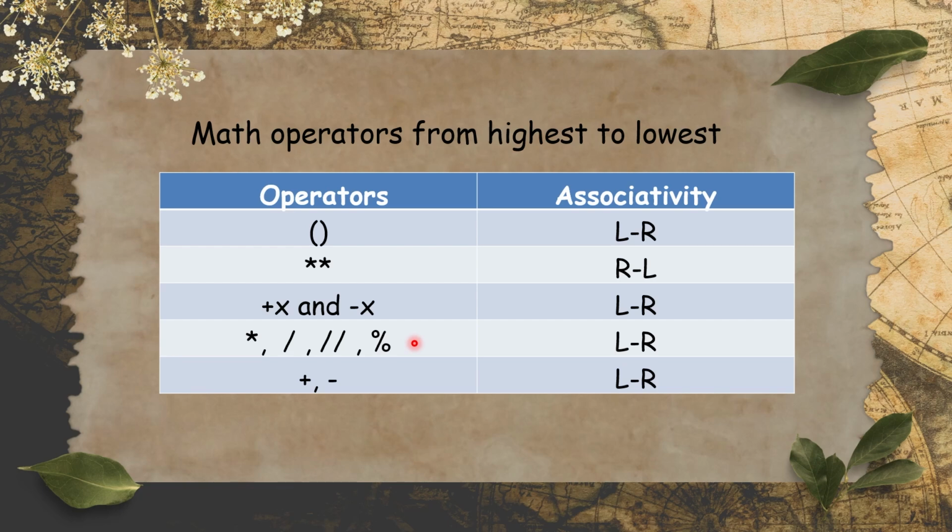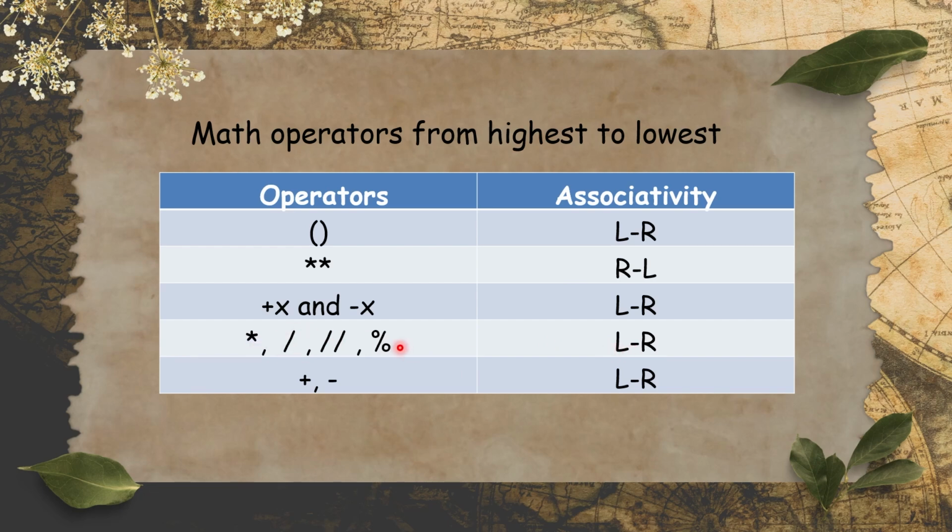As I mentioned, when I divide using float division, it will produce 3.33 as a quotient. For integer division, it will produce only 3. Similarly, when I divide using the modulus remainder operator, it will provide me the remainder. So for 10 divided by 3, the remainder is 1, and it is evaluated from left to right.